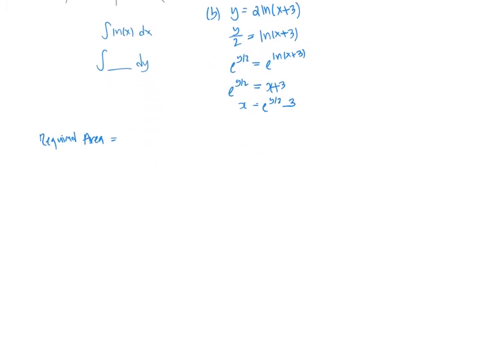So our area will be half times 2 ln 2 minus half, times 1, plus the integration from 2 ln 2 to 2 ln 3 of our function above, which is e to the power y over 2 minus 3 dy.